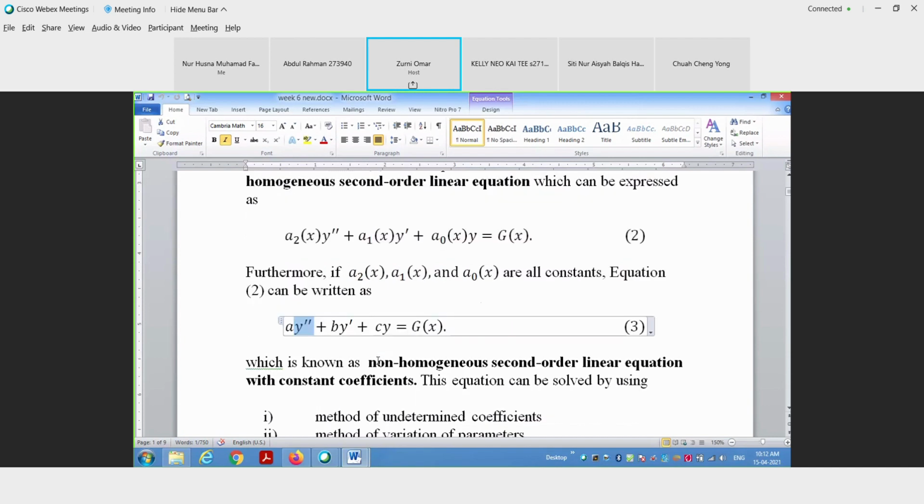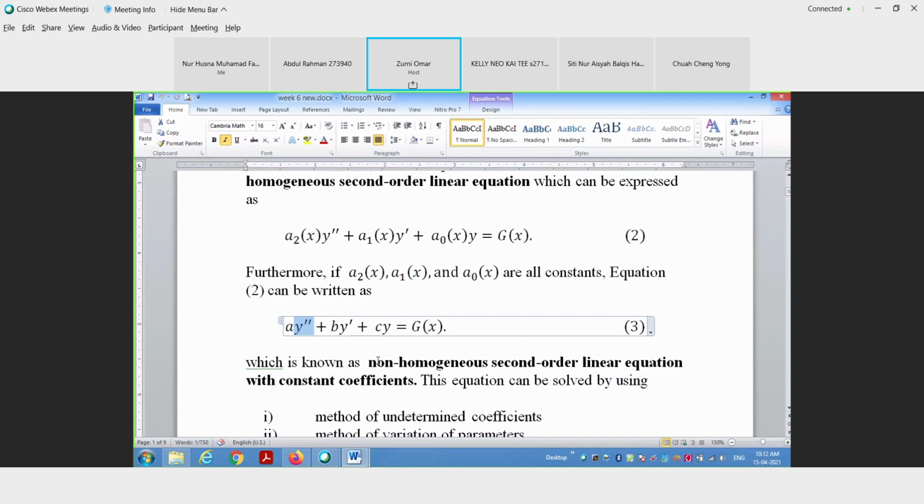So we now have a non-homogeneous second order linear equation with constant coefficients.